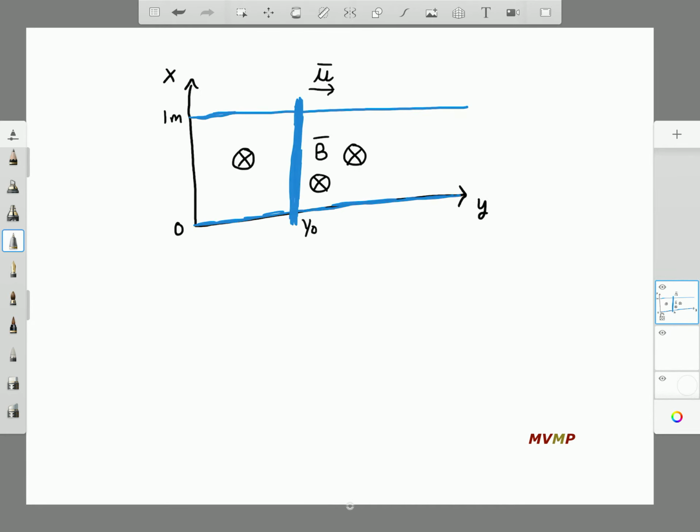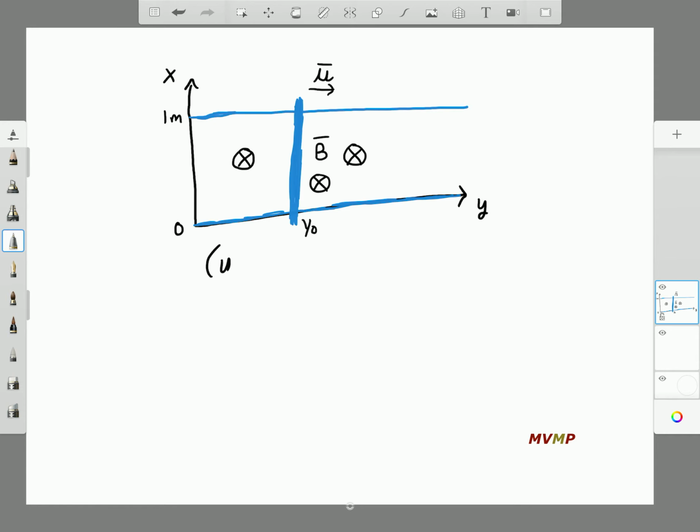So this is another problem that says calculate the electromotive force VEMF induced in the rectangular wire loop given below. And the first instance to solve for, it says when the rod is stationary.